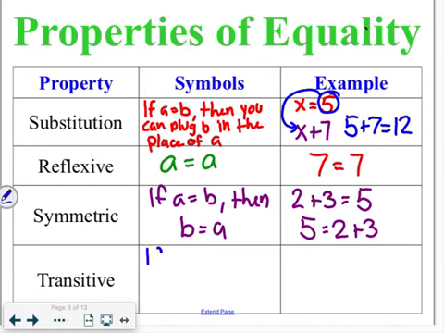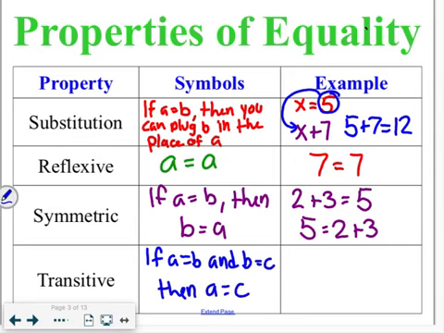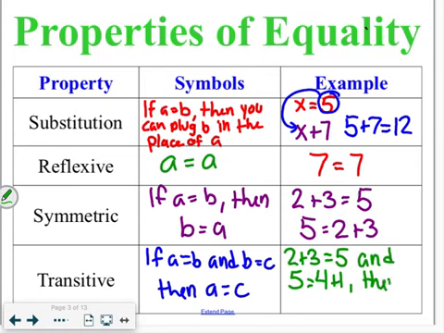This says if A is equal to B and B is equal to C, then we can say that A is also equal to C. So for example, what this means is that if 2 plus 3 is equal to 5 and 5 is equal to 4 plus 1, then 2 plus 3 is equal to 4 plus 1, which is a true statement.